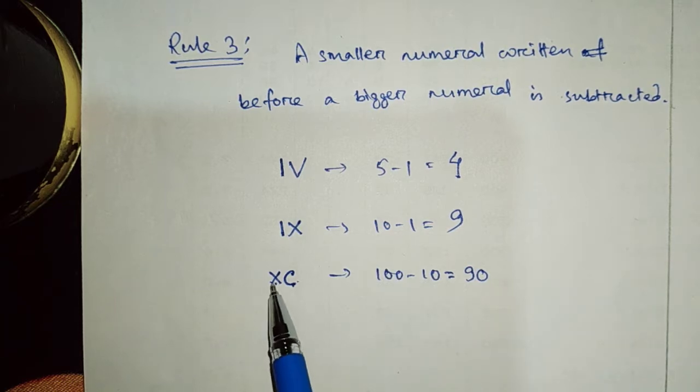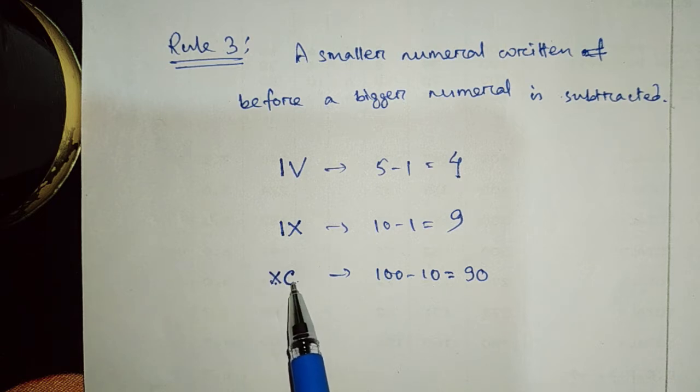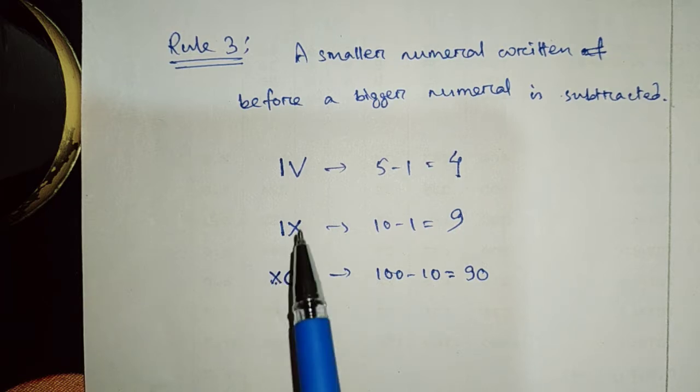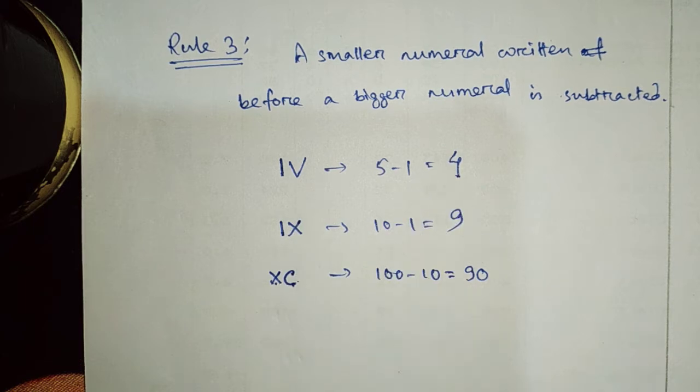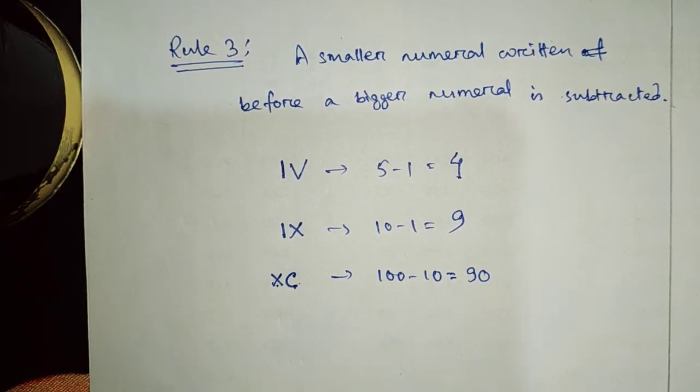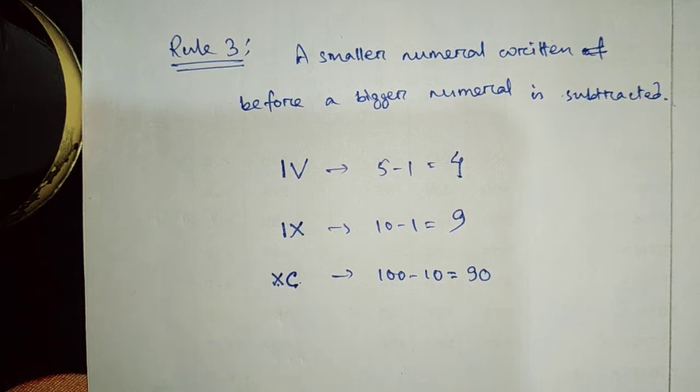So in this way, if a smaller numeral is written before a bigger numeral, then that smaller numeral is subtracted from it. This is bigger, so from this we will subtract this, only if it is before. A smaller numeral after will be added and a smaller numeral before will be subtracted.